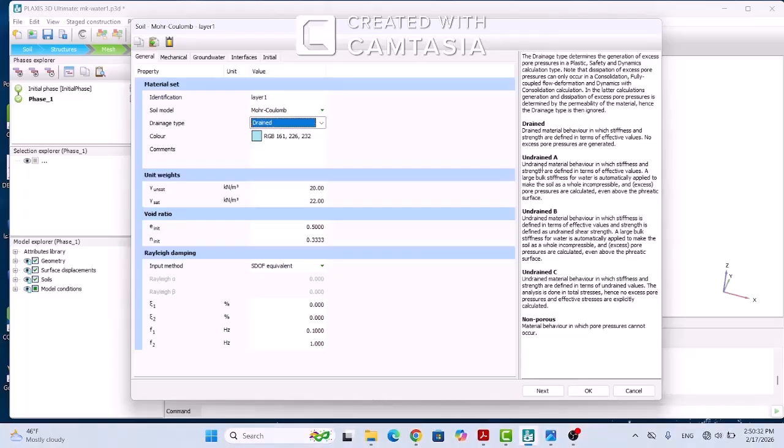So the situation changes during the time.